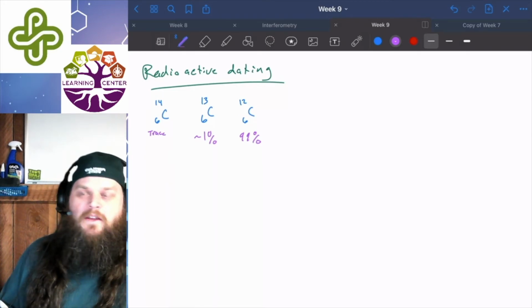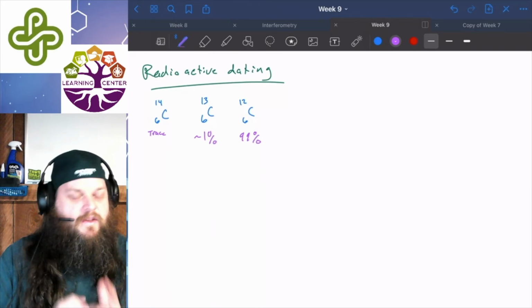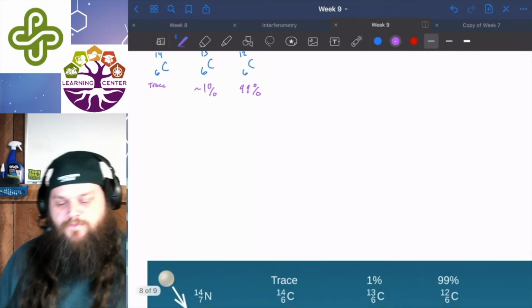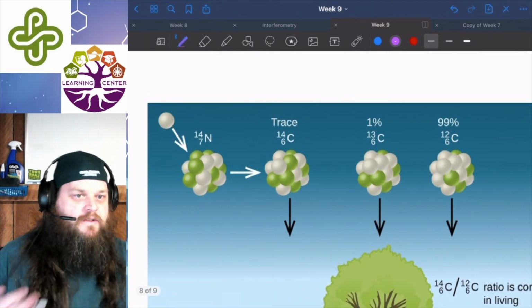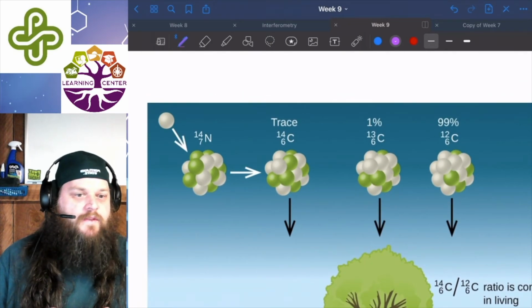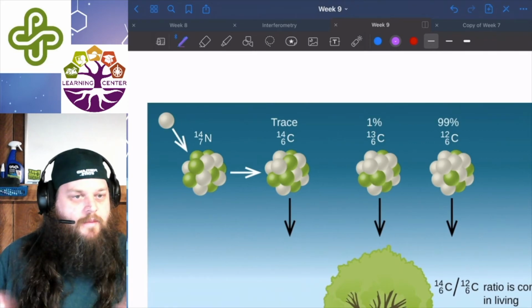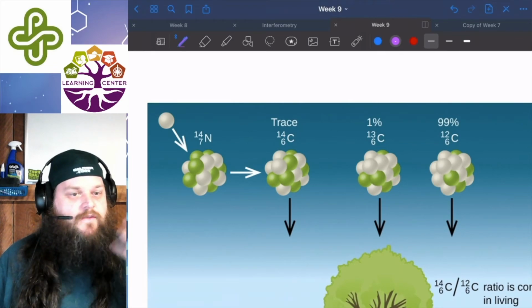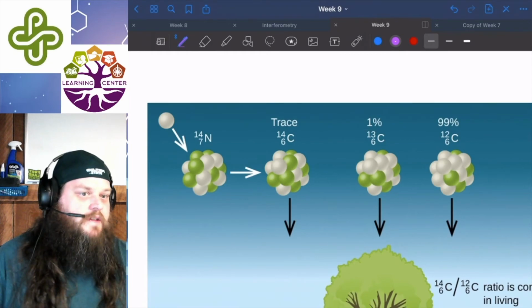And carbon-14 is actually produced when a neutron collides with a nitrogen atom in our upper atmosphere. A little diagram here. Neutrons are floating around in our upper atmosphere, as basically it comes down to a cosmic ray breaking up into neutrons and other things like that. But when that neutron collides with nitrogen, which is floating up in our upper atmosphere, it produces a carbon-14.